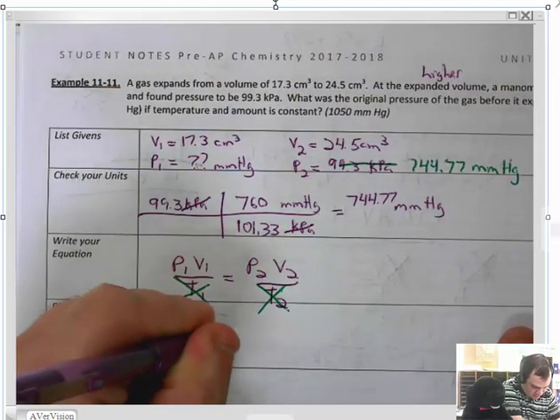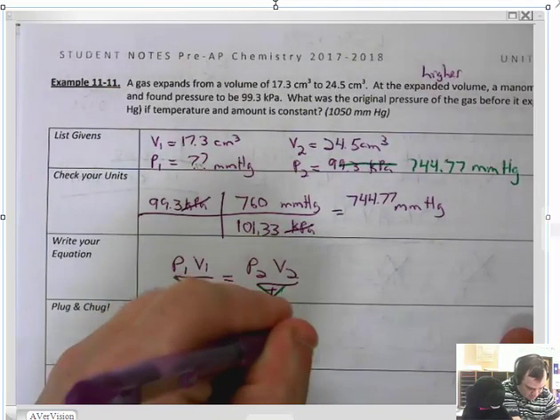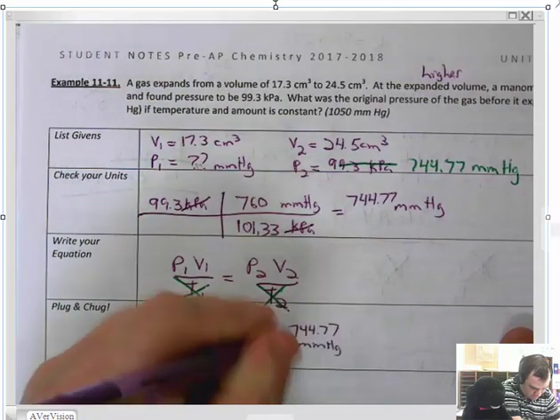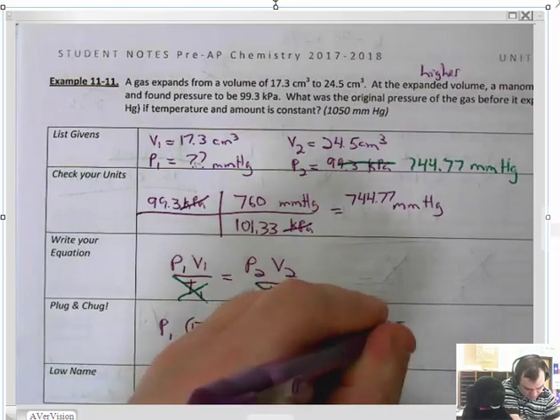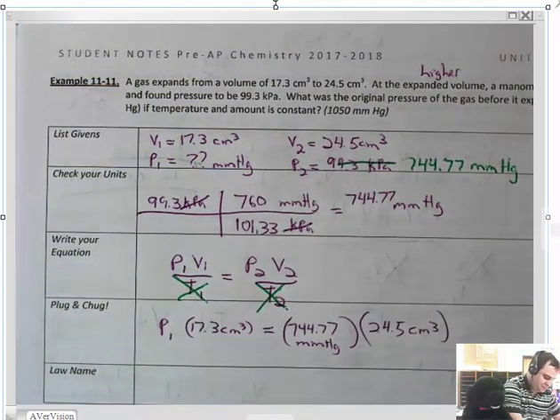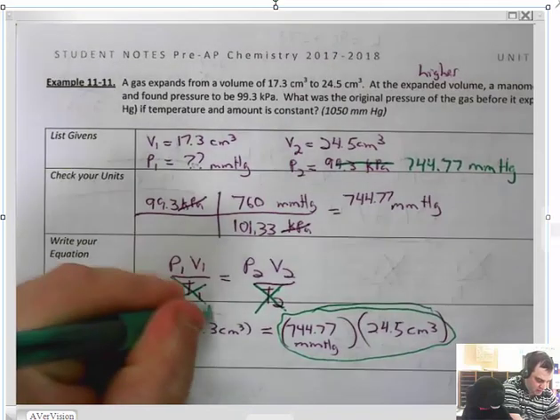17.3 centimeters cubed, which equals 744.77 millimeters of mercury times 24.5 centimeters cubed. So this time, we are going to multiply these two numbers, and then we are going to divide by that number.